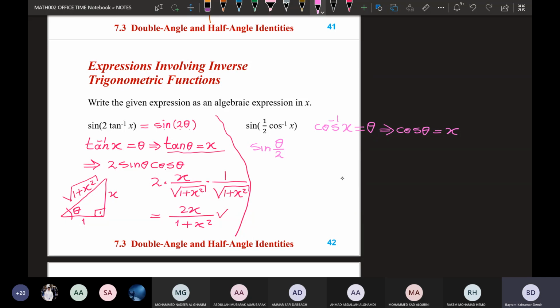Sine of theta over 2 is equal to what? Root of 1 minus cosine theta divided by 2, right, Shabab? Positive or negative, we have to make sure. So which is equal to positive or negative root of 1 minus x divided by 2, Shabab.